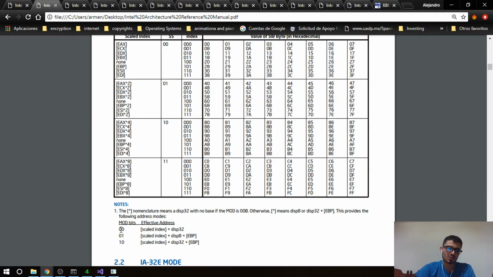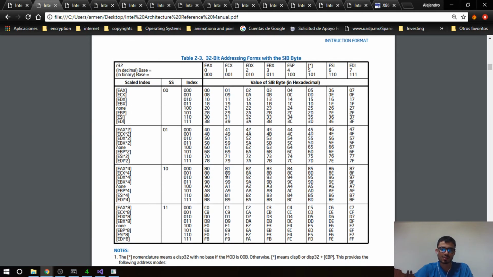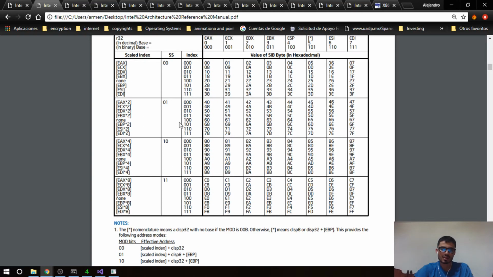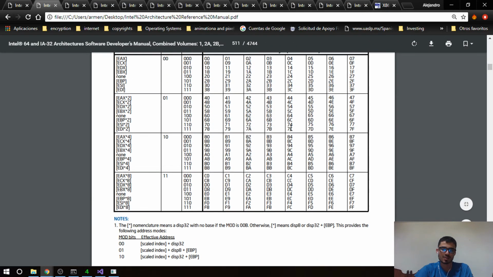If mod equal to 1, then we have EBP as the base. If mod equal to 2, we have a base EBP and we have a displacement. Okay, so that's all, and the scale index is just the same, and here we have EBP.